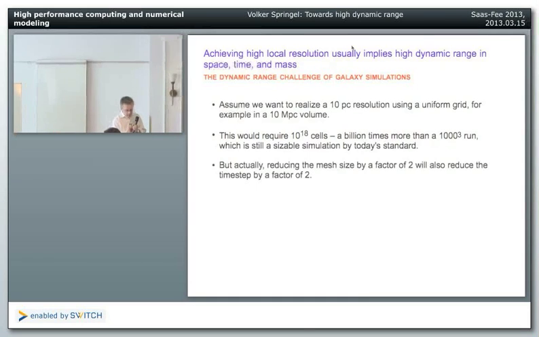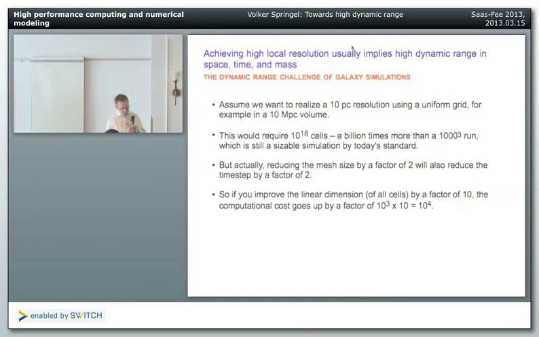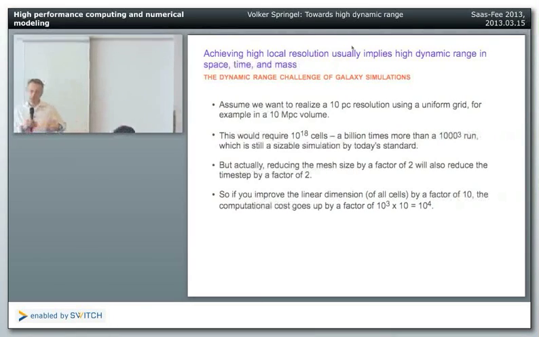So that means that if you are improving the linear resolution per linear dimension by, say, a factor of 10, the computation cost really goes up by a factor of 10 cubed times 10, or 10 to the 4, because you get another factor of 10 from the time stepping.